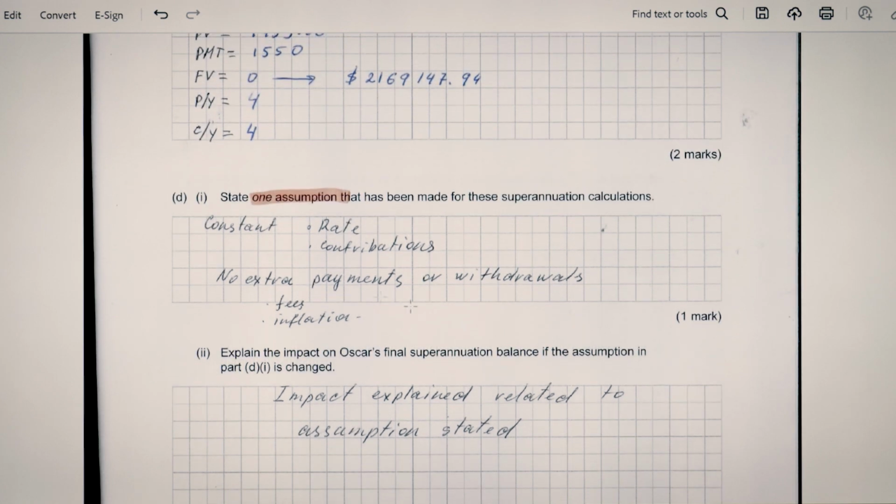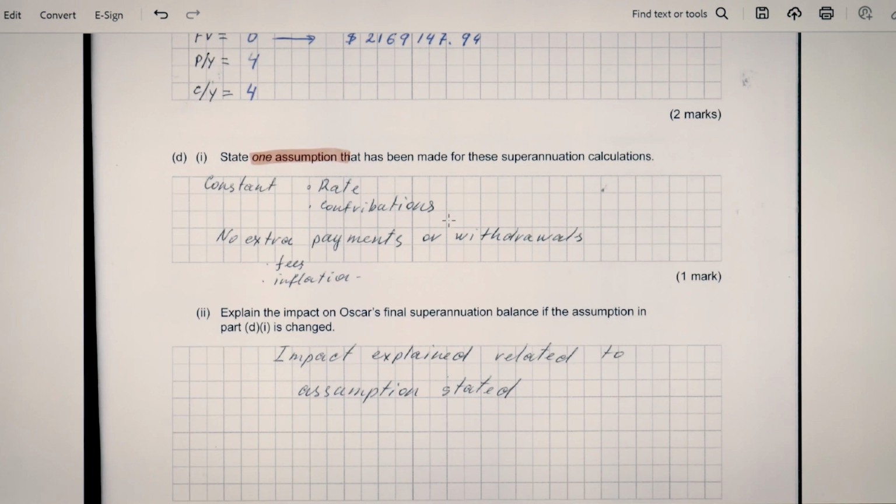And then state 1 assumption, okay? And the assumption can be the easiest one probably to remember, students: that the interest rate is the same, contribution is the same, or they don't change the job, so all the conditions for those 40 years are the same, okay? No extra repayments or withdrawals, so no extra fees, no inflation, any of them.